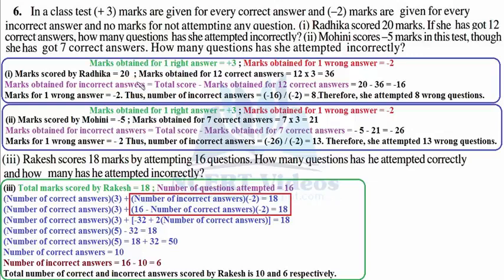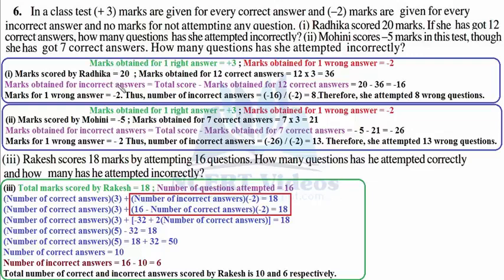The marks obtained for incorrect answers. Because we are asked to find how many questions she has attempted incorrectly, first of all, we will have to find marks, because we are talking in terms of marks only. If we come to know about the marks, we can divide it to get the number of questions. So this is the basic idea about it.